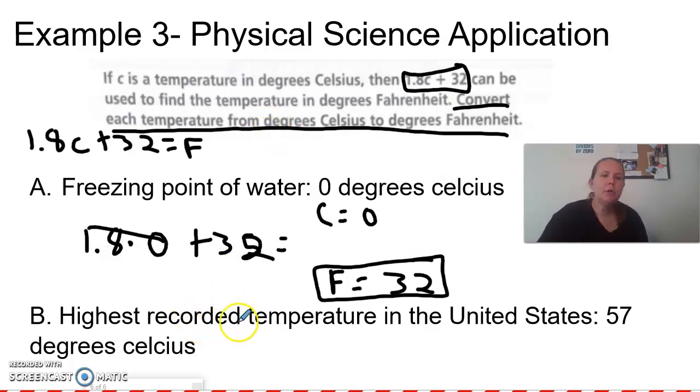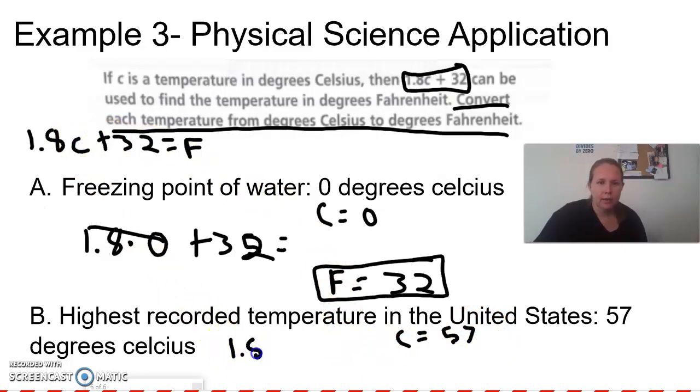All right, highest recorded temperature in the United States is 57 degrees Celsius. So again, it gives us what actually the degrees is in Celsius. So Celsius was 57. I'm going to substitute it in for this equation.